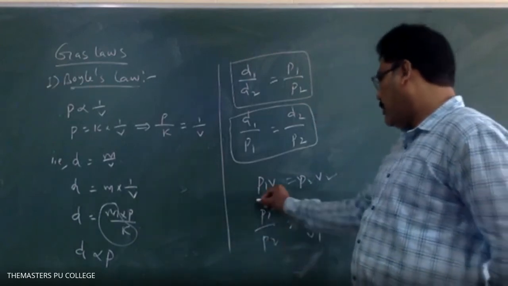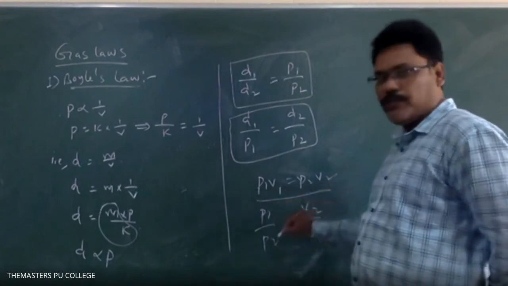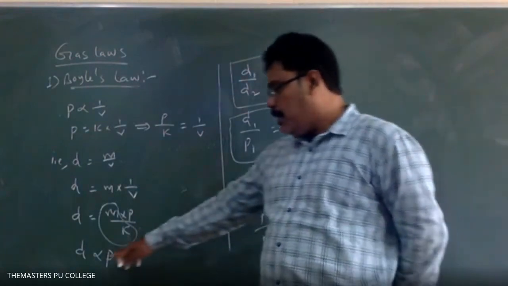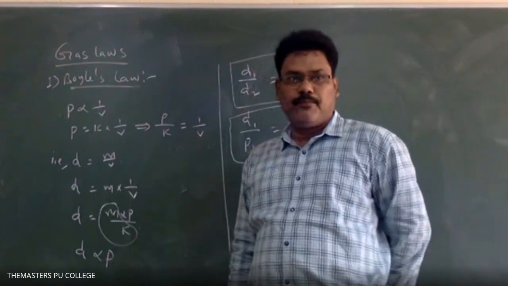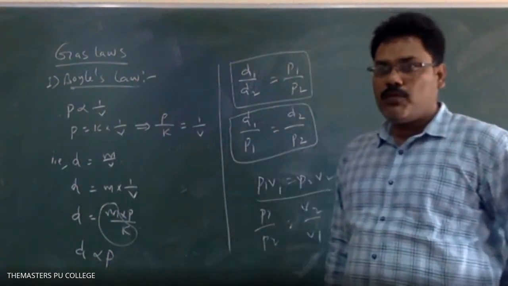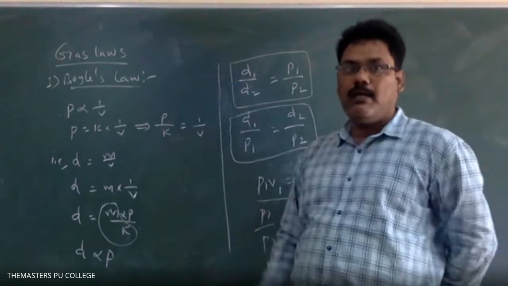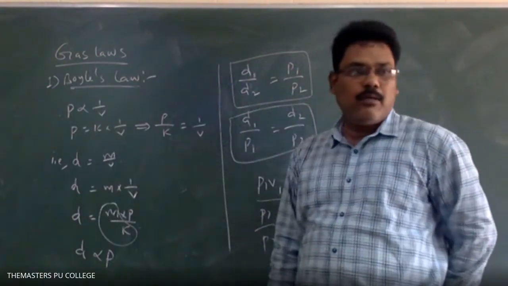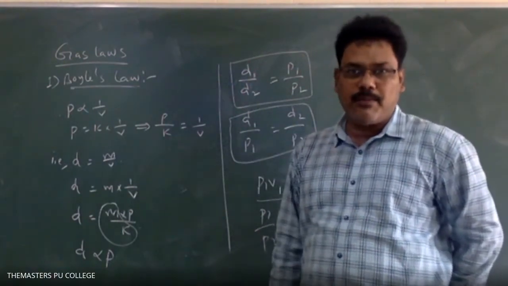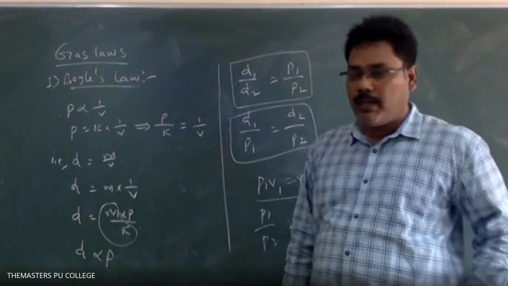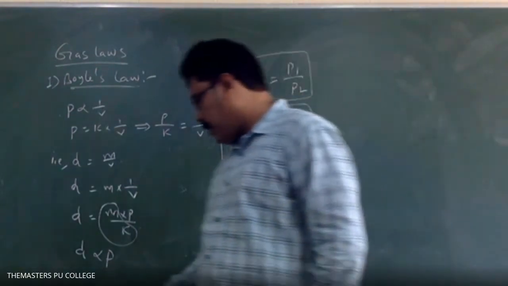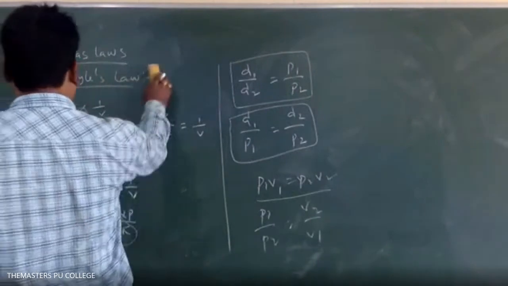So just you remember this one. Similarly, D is proportional to P. So if you remember these two relations, you will get the formula. Depending upon given data, you can solve the numerical problems. Now next, the second one is Charles law.